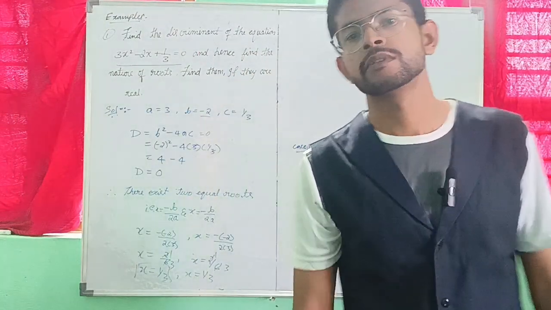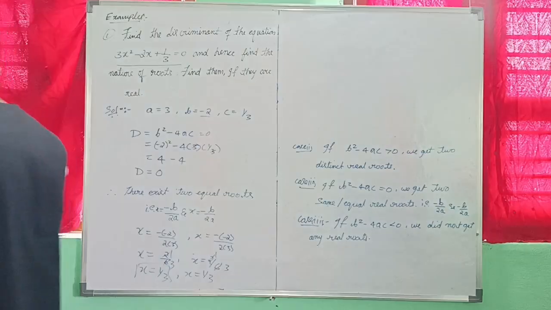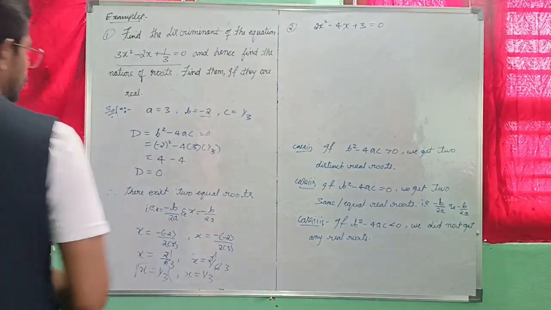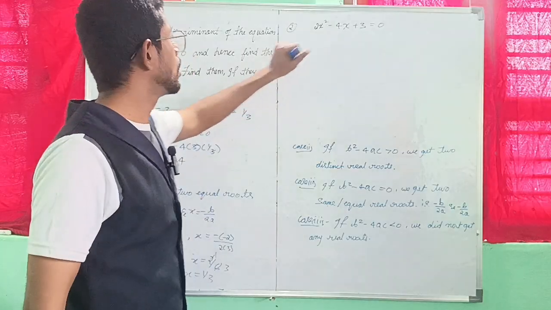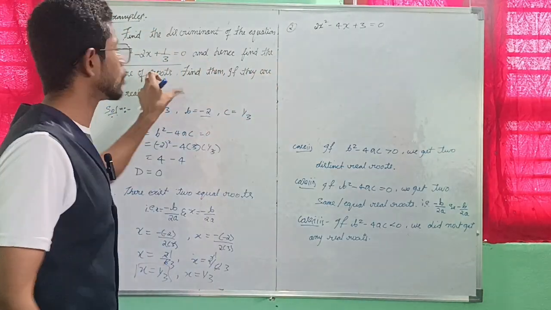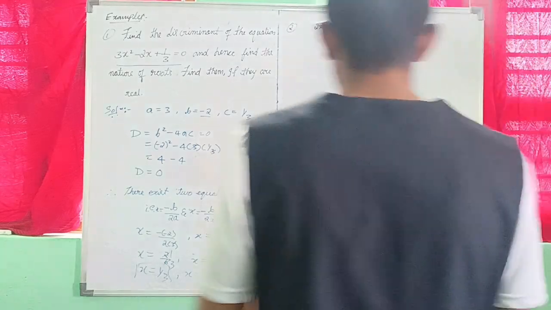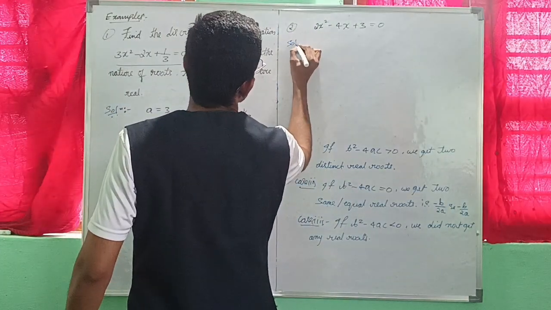Did you understand? Let's take the last problem of this lecture. It is the same question here: we have to find the discriminant and hence find the nature of roots for this equation. Did you understand? Okay, let's solve this. Solution.